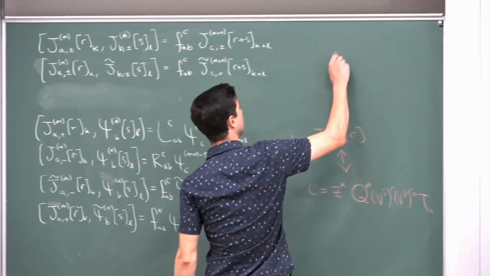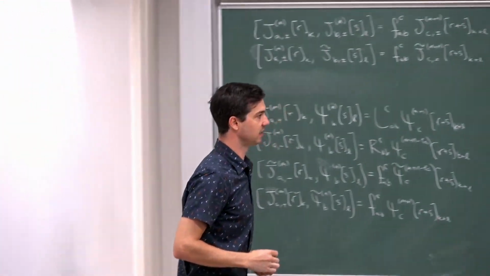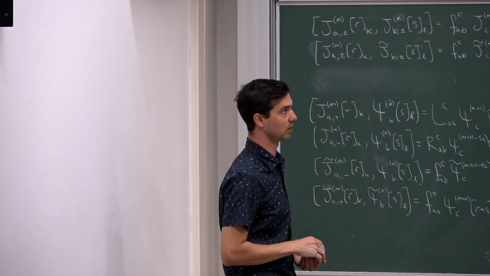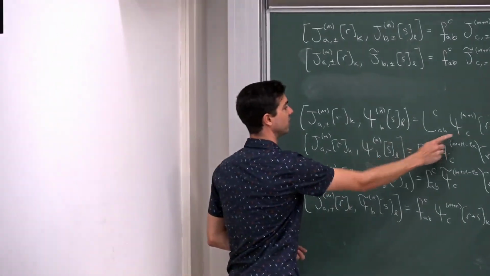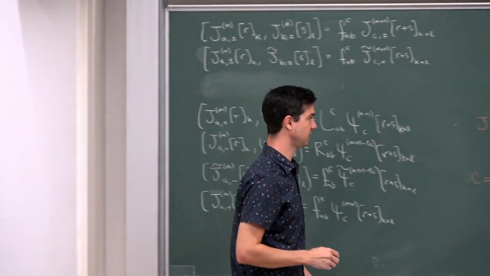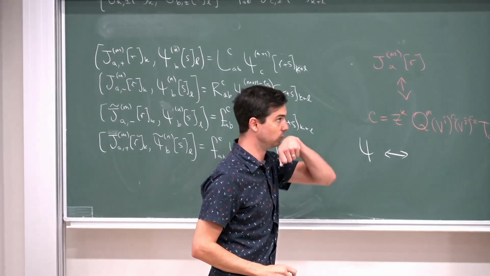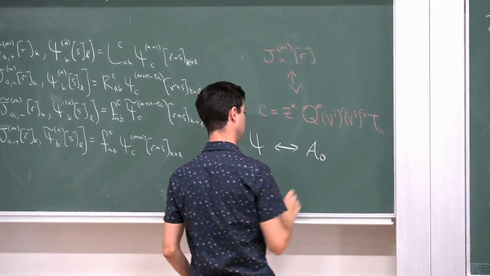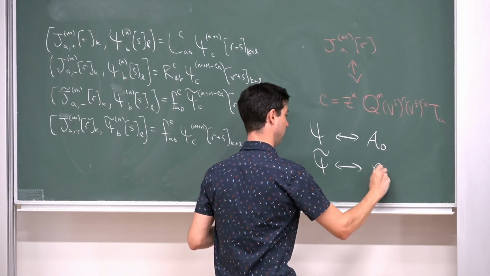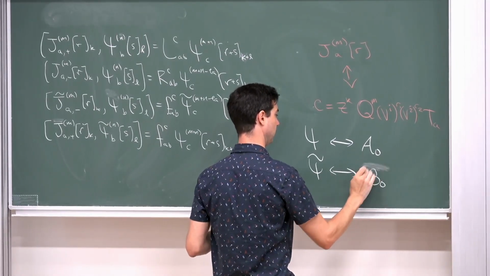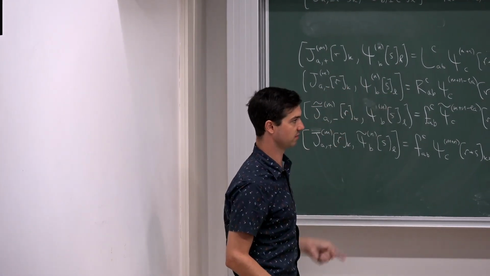In these expressions, M and N are both non-negative, corresponding to the fact that they live on all of twistor space. In these, I have a new set of operators, psi and psi tilde. Psi will correspond to A0, and psi tilde to B0, and the superscripts and so on correspond to the same sorts of things.